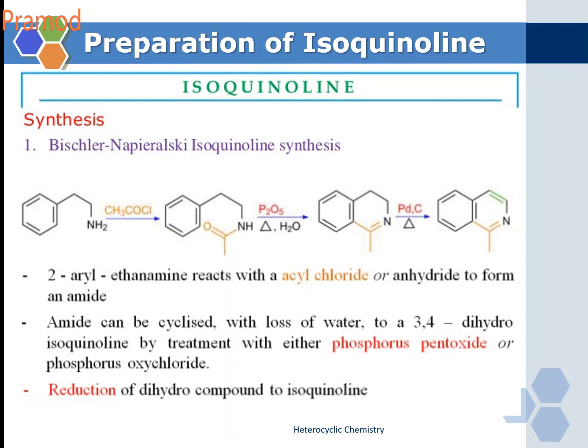That is your first step. Then you treat it with palladium on carbon, and it gets converted to isoquinoline with loss of hydrogen. It's not reduction, it is oxidation. It undergoes oxidation to give your isoquinoline. This is how you can prepare isoquinoline.